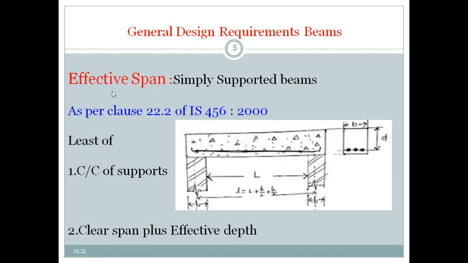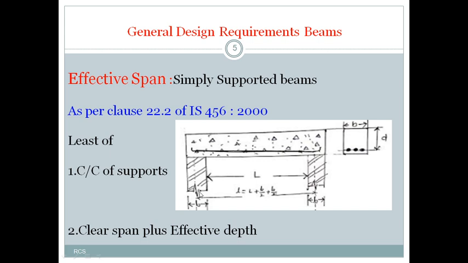But what we require is the effective span. So the effective span can be calculated in two ways. One is center to center of supports. That means the width of the support is B here, and we have another end support of width B, and if you take the center of one support to the center of the other, in this way we can calculate the center to center distance, that is called the effective span.